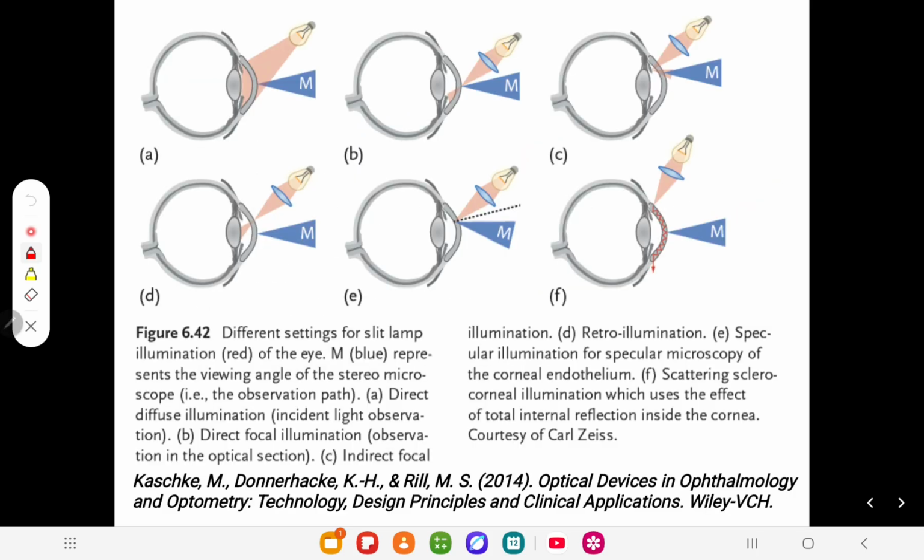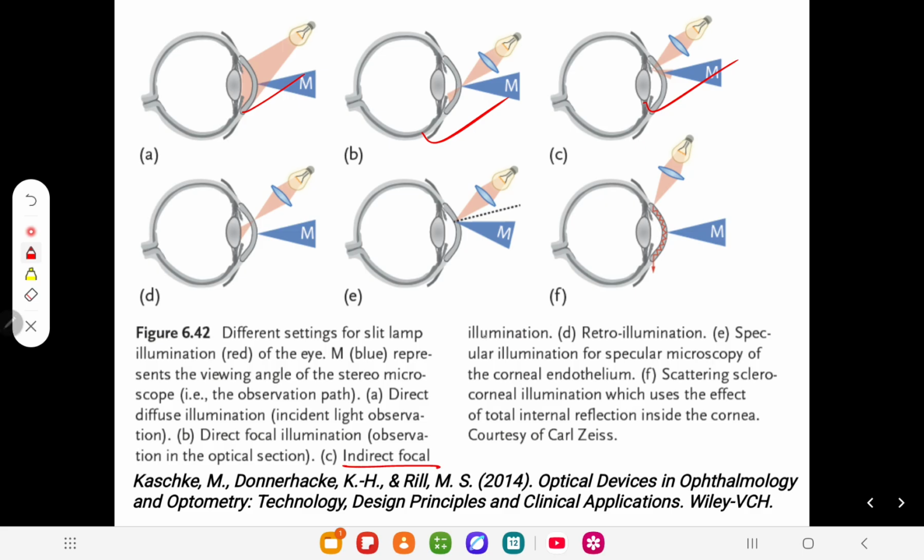So now in conclusion, can you see this particular picture A? What is this? Direct illumination, isn't it? And B, can you see? It's direct focal illumination, focal observation. C, what is C?